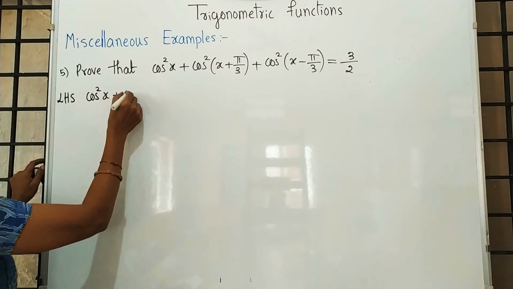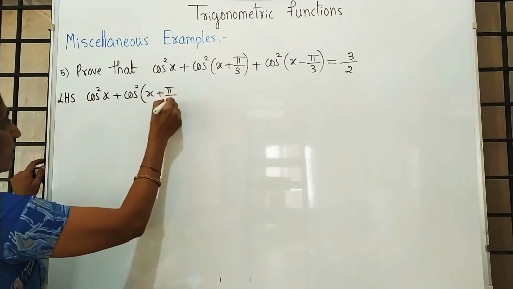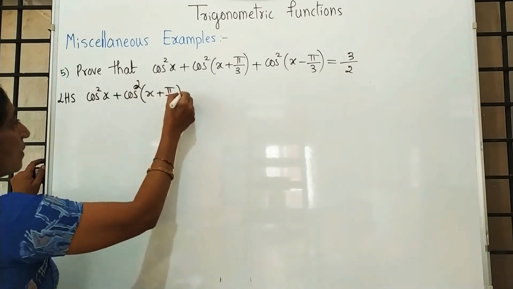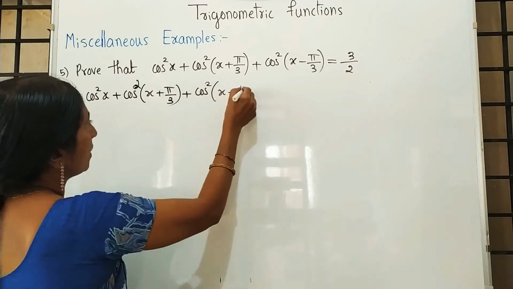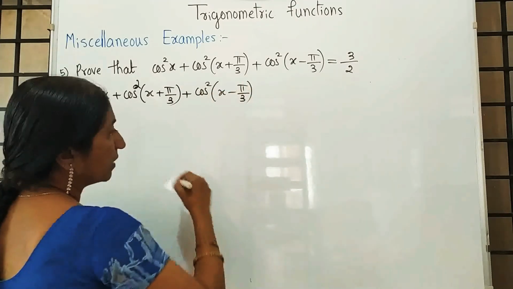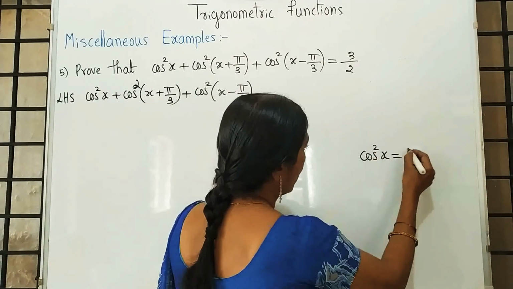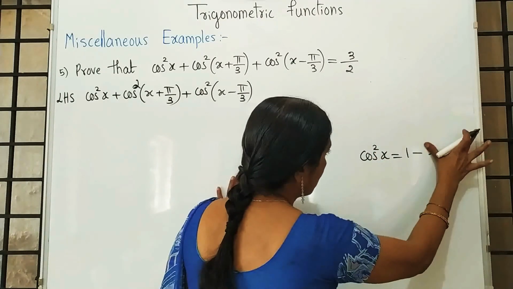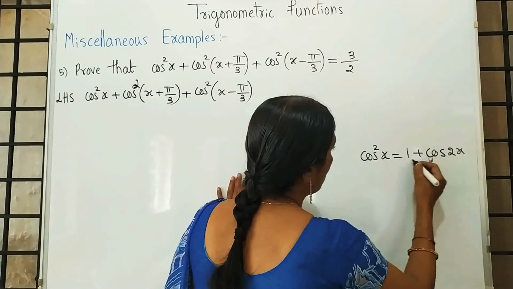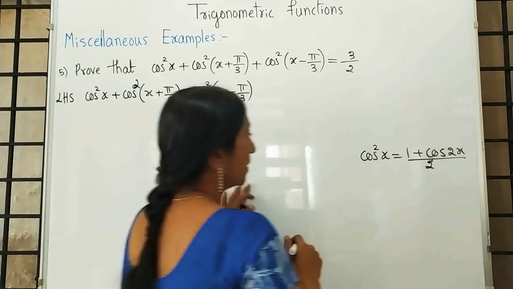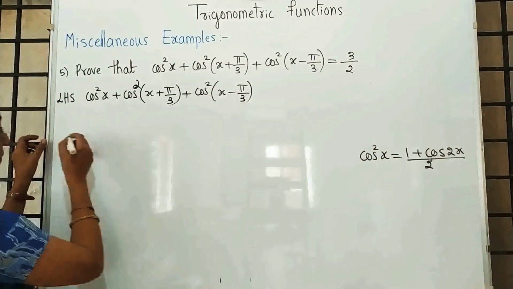Cos square x plus cos square x plus pi by 3 plus cos square x minus pi by 3. We have the formula: cos square x is 1 plus cos 2x whole divided by 2, multiples and submultiples. Whatever is the angle, it becomes double.